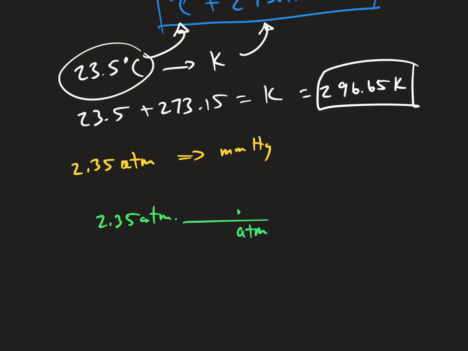We're looking for millimeters of mercury, goes on top. And what's the conversion factor? There's 760 millimeters of mercury for every 1 ATM. And again, that's on your reference sheet. You don't have to memorize that, right? ATM goes away, and it should give us 1786 millimeters of mercury.